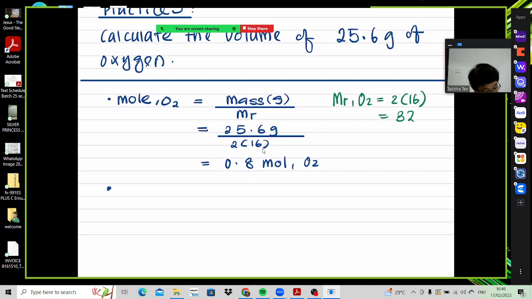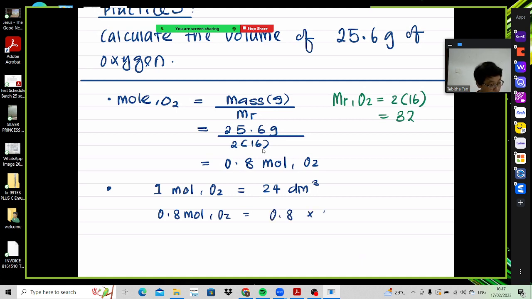Just to revise again, 1 mole of oxygen or any gas will occupy 24 dm³. Due to the lack of space, I'm just going to demonstrate dm³. Now we have 0.8 mole of oxygen. 0.8 multiply 24, and there you go, 19.2 dm³.